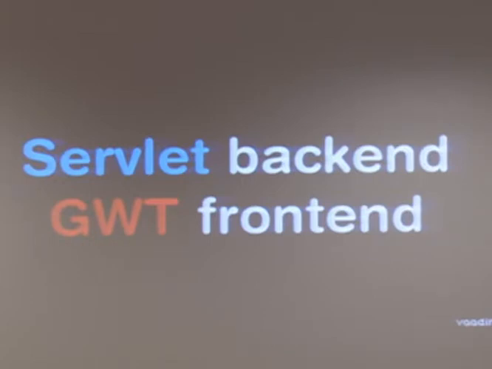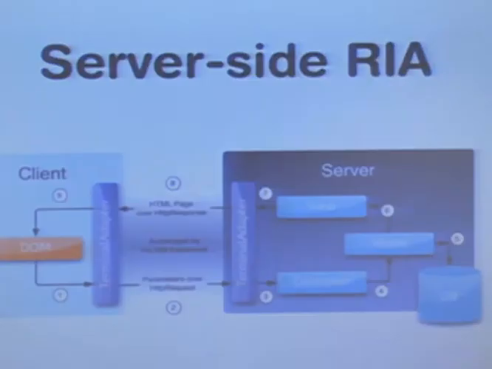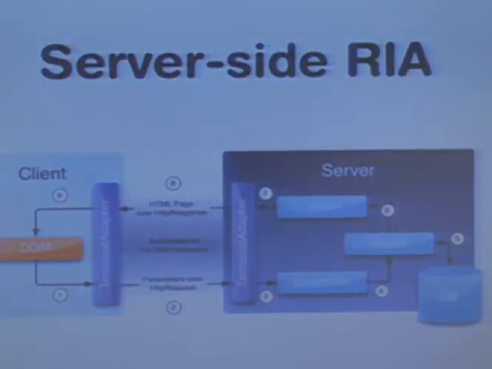And the idea with this is that we allow developers to stay on their comfort zone so they can actually do the backend with Java and they can do the front end with Java. And this is how Vaadin embraces Java programming language. So let's take a bit closer look into the rich internet application paradigm and how, for example, Vaadin sees it.